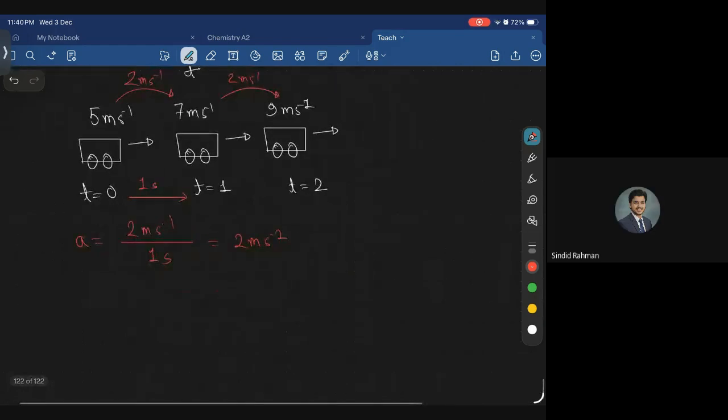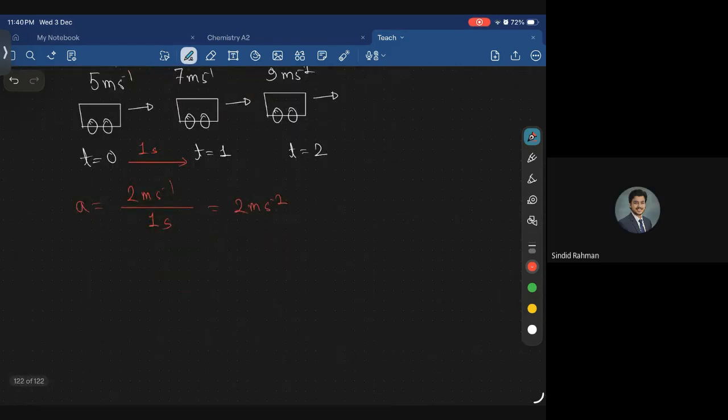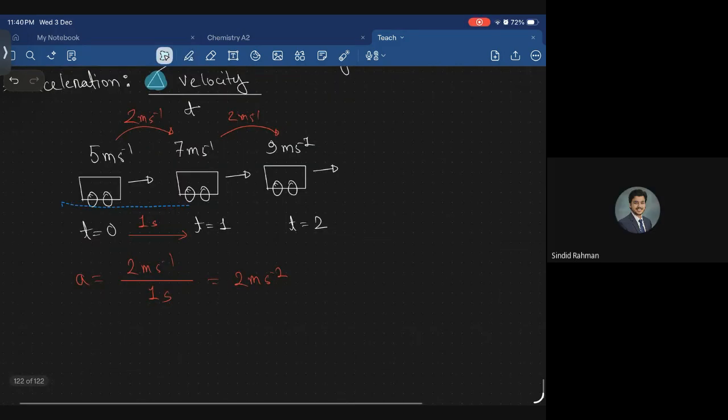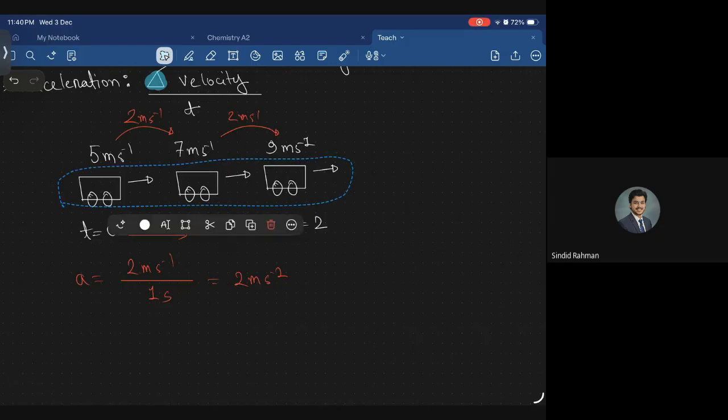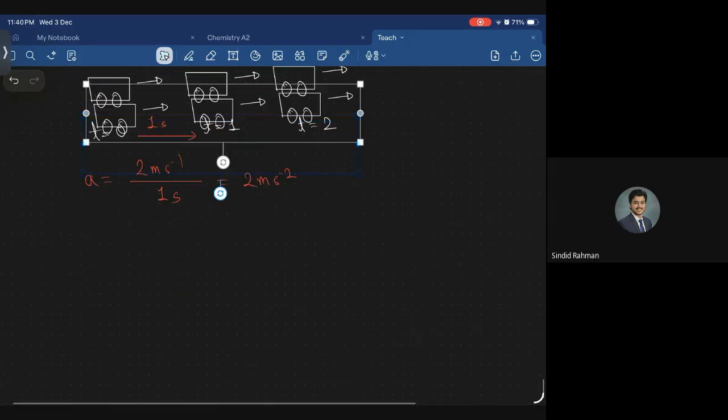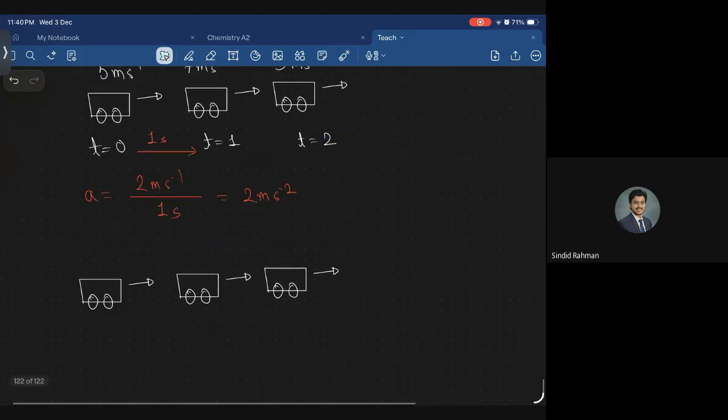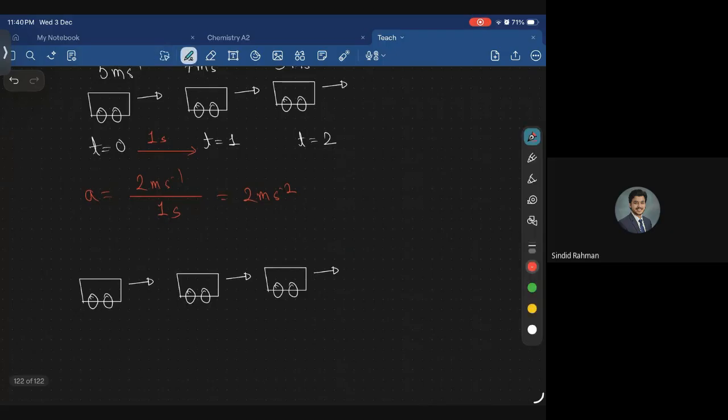Now let's say another car. Let me bring this car row from here to here. And let's say the car was at velocity equals 0, velocity equals 5 meters per second, velocity equals, let's say, 10 meters per second.